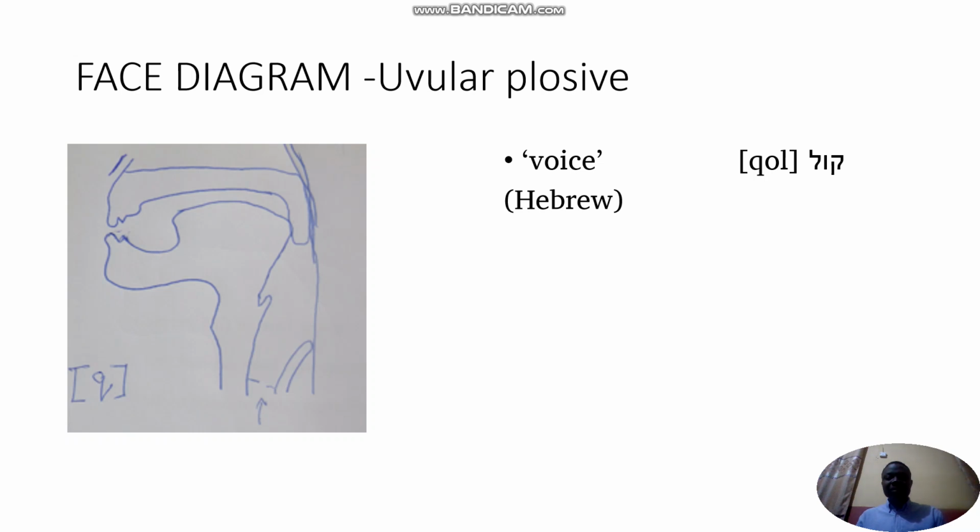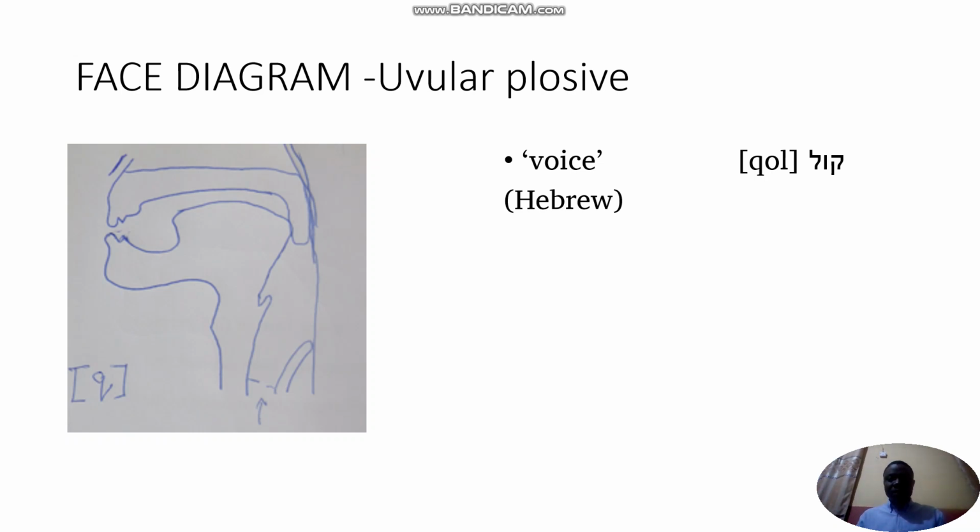Now, for those of you who have done Hebrew in one way or the other, you are familiar with the letter qof. So how about when you see this word kol, which is the word for voice.